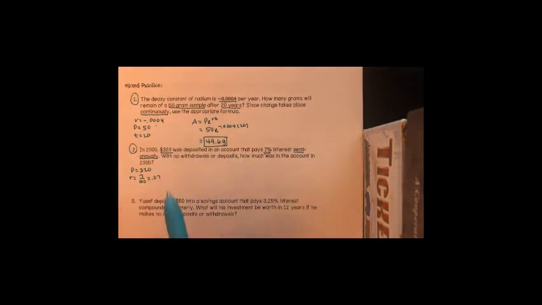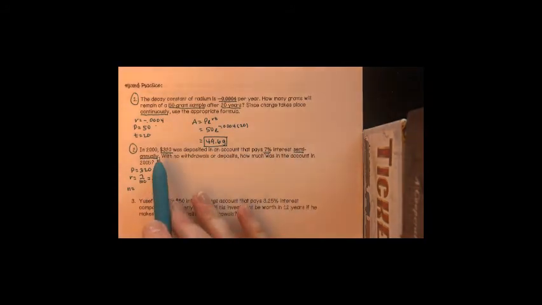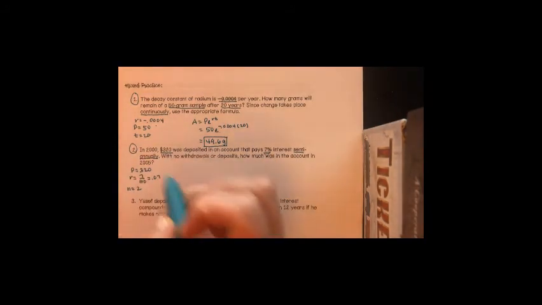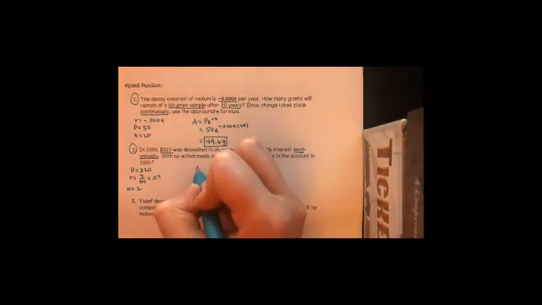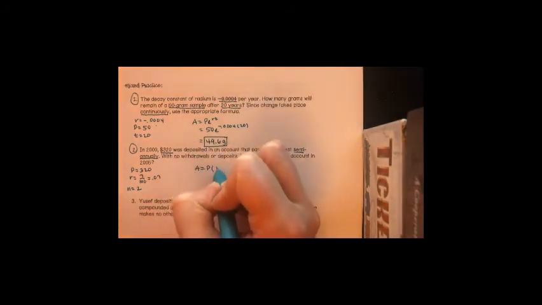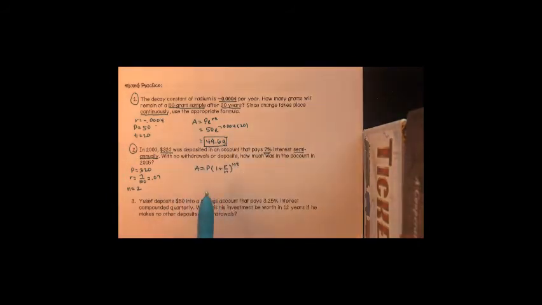Semi-annually, which I already underlined, is telling me what my N value is. Semi-annually means twice a year, so that means N is 2. So the formula that I'm using is this one. Since it doesn't say continuously, I must be using this one.